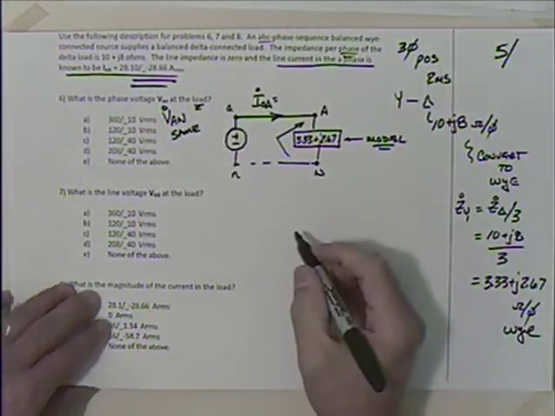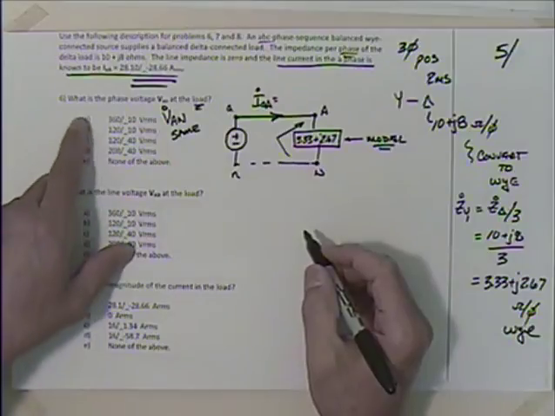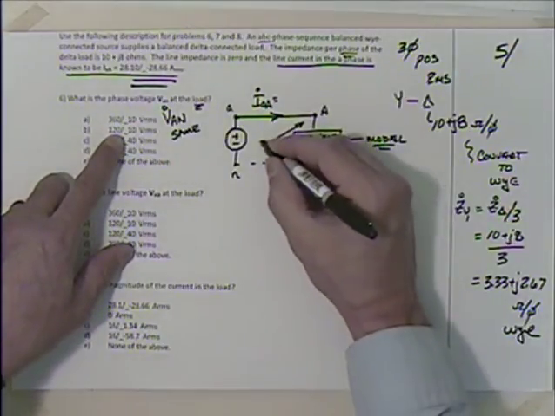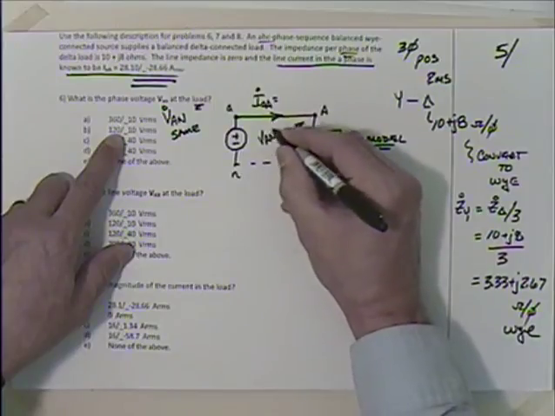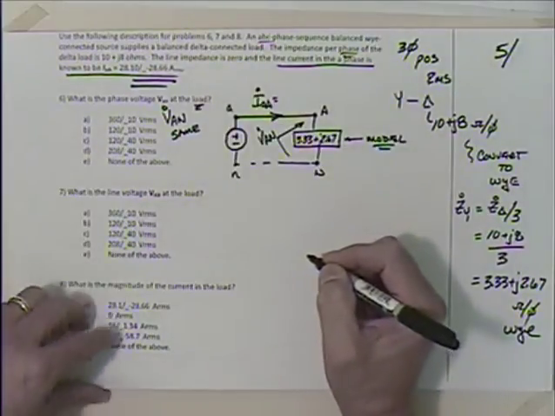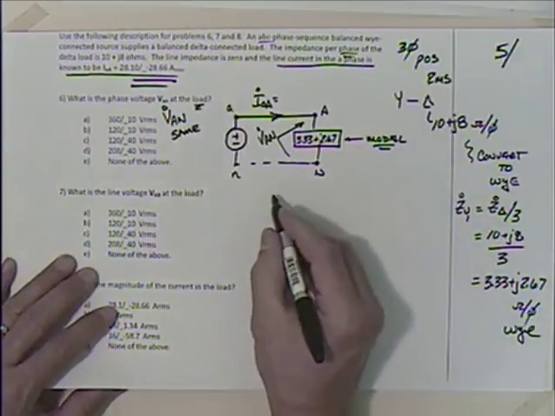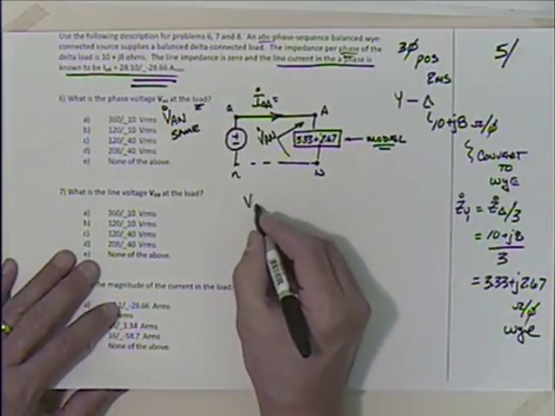Okay, so with that, we're really looking for this VAN, which we already said was equal to little a little n. Could I do that? Yeah, I should be able to do that pretty easily.